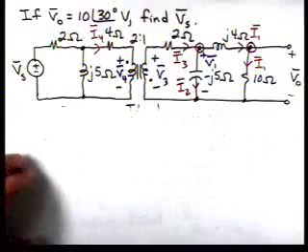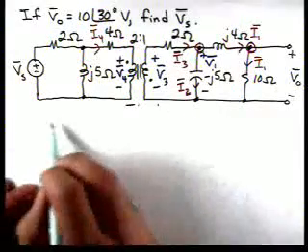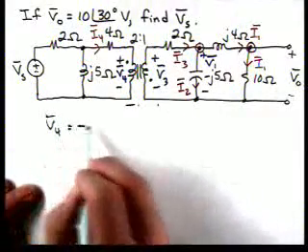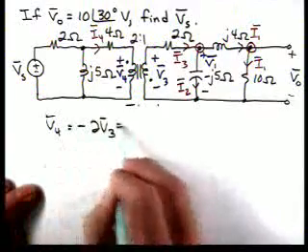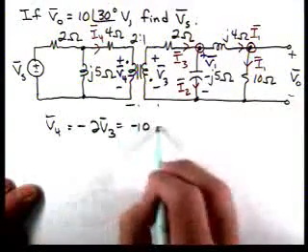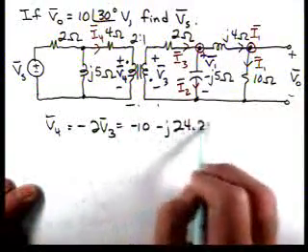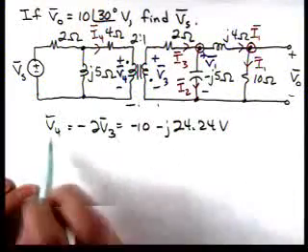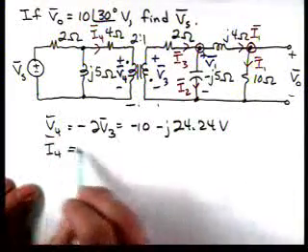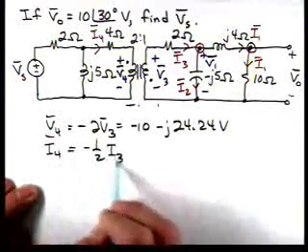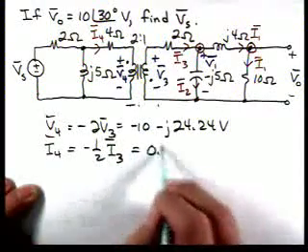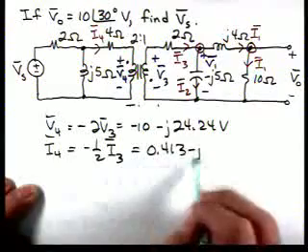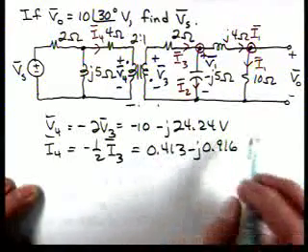So now V4 is minus 2V3. So that's minus 10 minus J 24.24 volts. And I4 is minus 1/2 I3. So that's 0.413 minus J 0.916 amps.